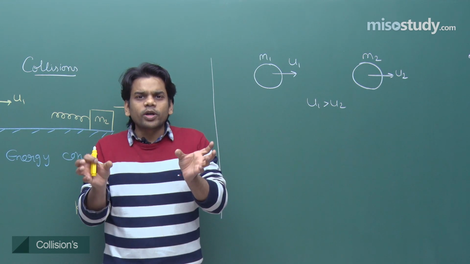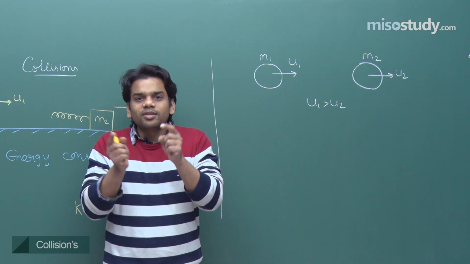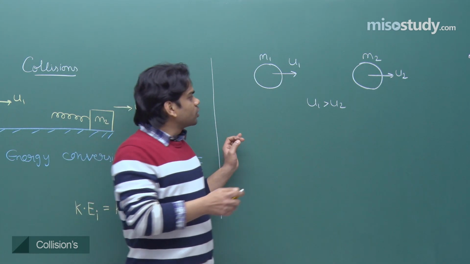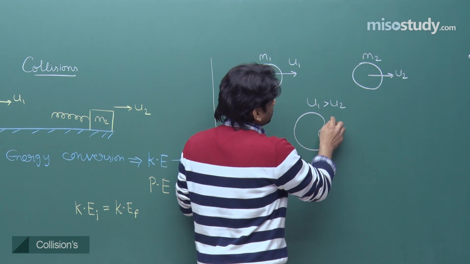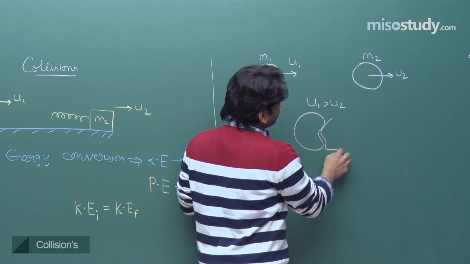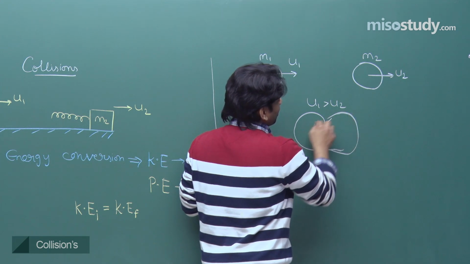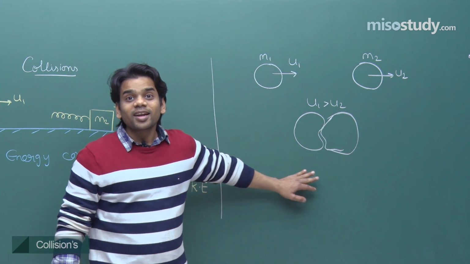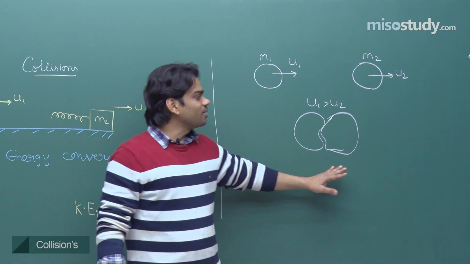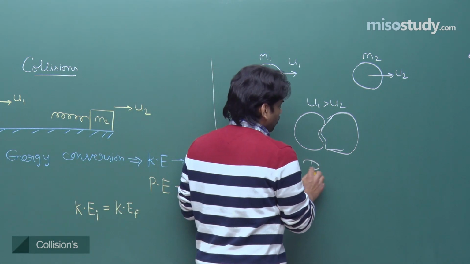Think of a quite deflated football: as it strikes, the surface gets deformed. Somewhat in this way the deformation takes place, and both the objects, during the interval they are in contact with each other, will get deformed.